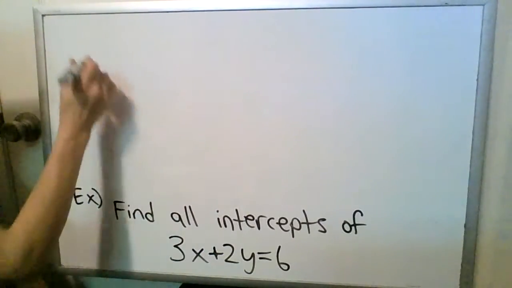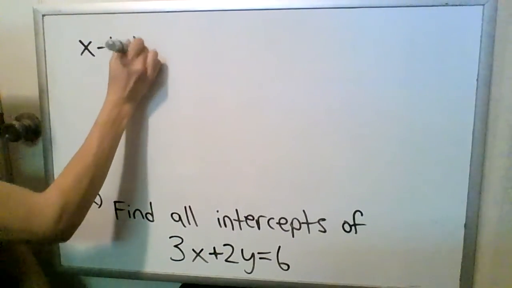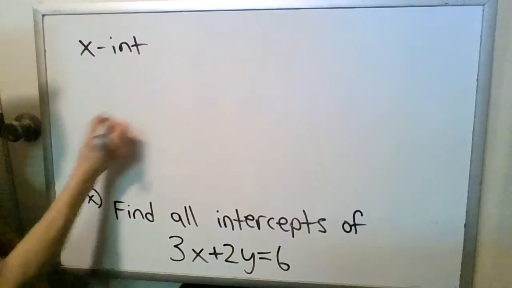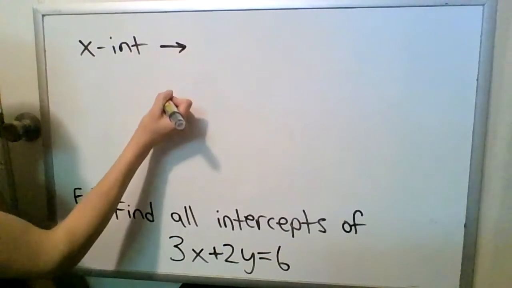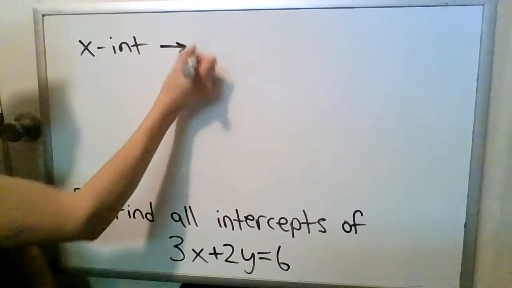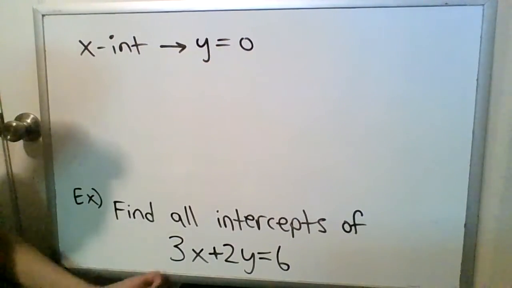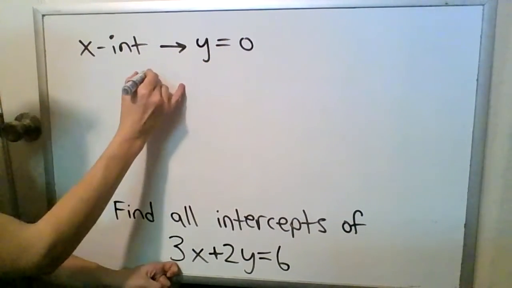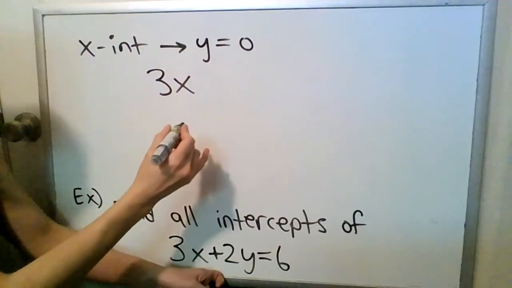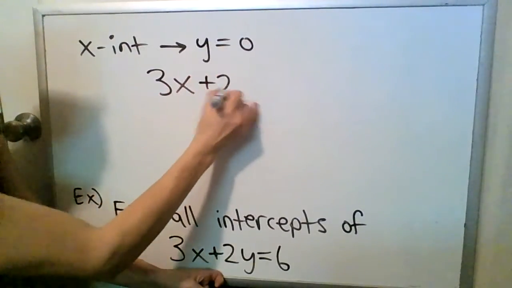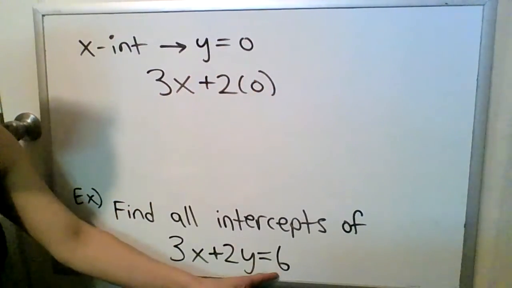There's the x-intercept and the y-intercept. For the x-intercept, you choose y equal to 0. That makes the equation 3x and 2 times 0 equal to 6.